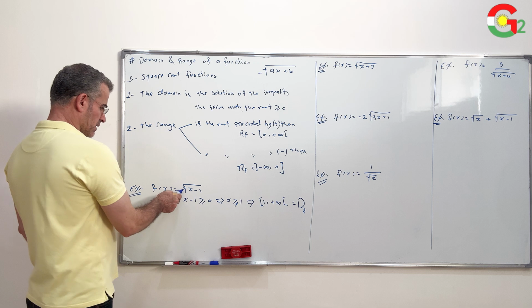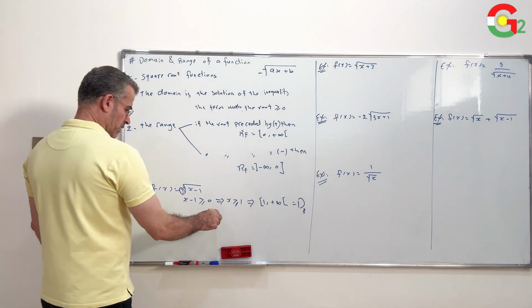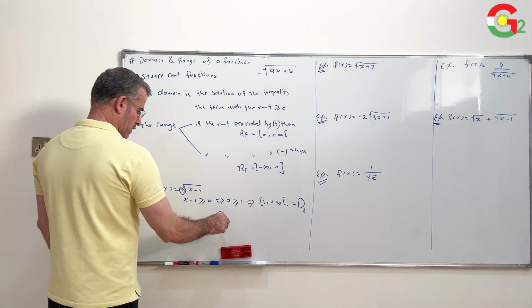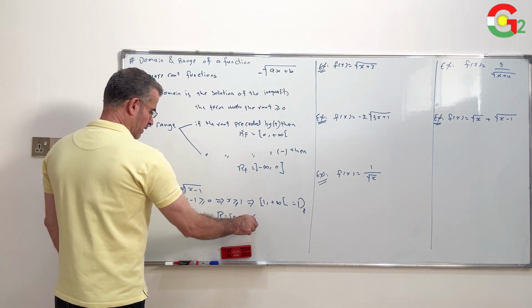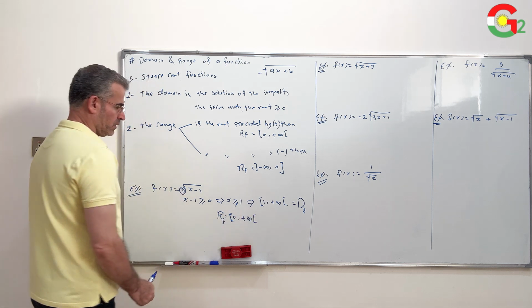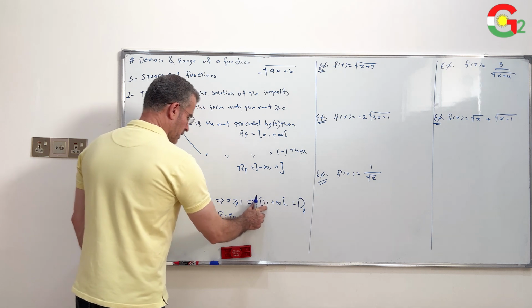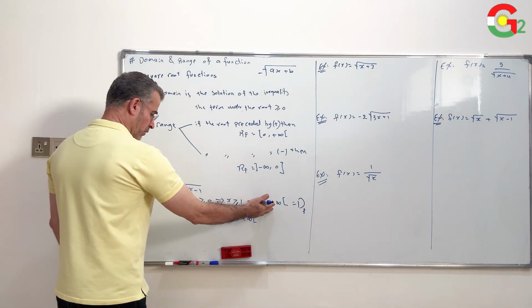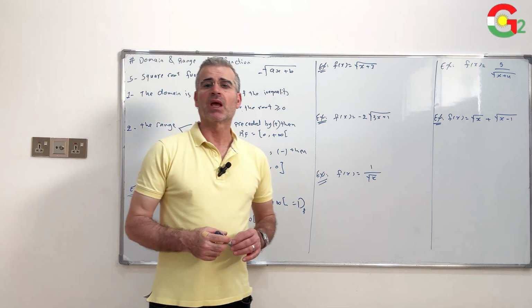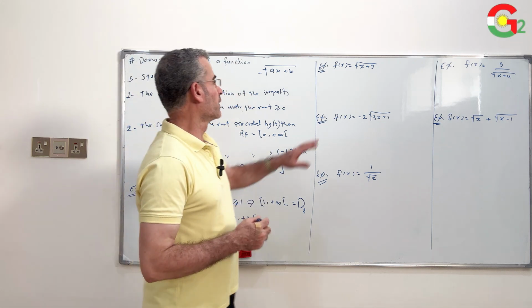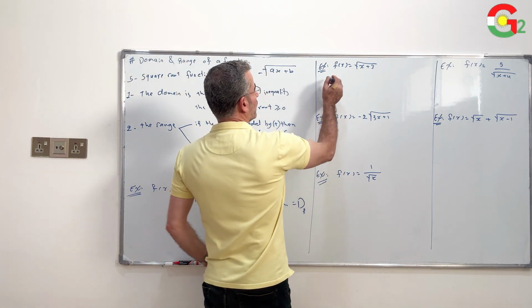For the range, since I have a positive sign here, the range is from 0 to positive infinity, of course with 0. Since 1 is in the domain, 1 minus 1 is 0, so the first value in the range is 0.